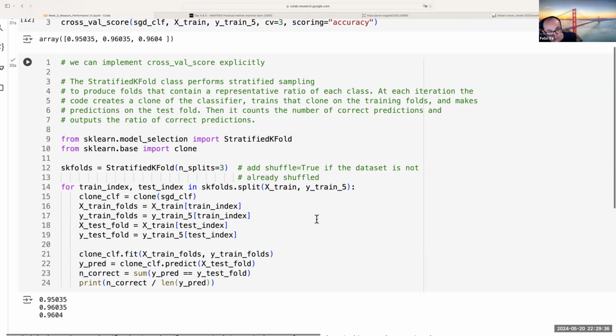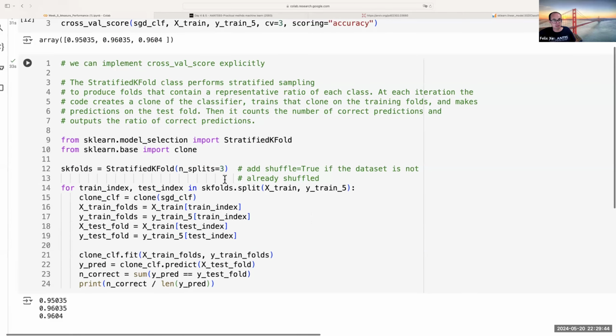But this is also a good way to understand what we are working with in k-fold cross-validation. You see right here that the scores are precisely the same. This just tells you that they are doing exactly the same thing as this piece of code. Okay, so this gives you some idea.